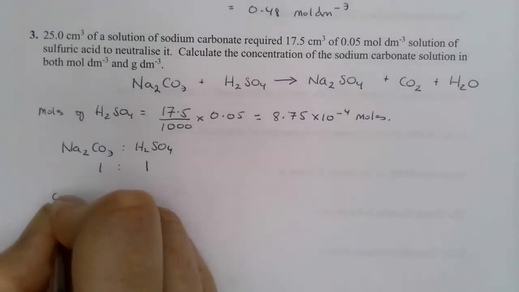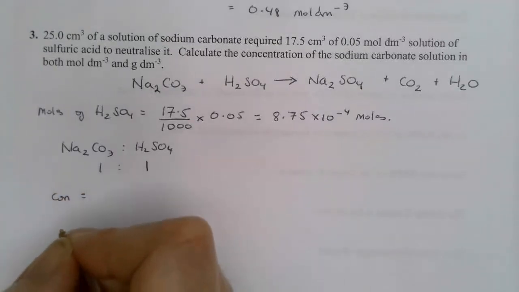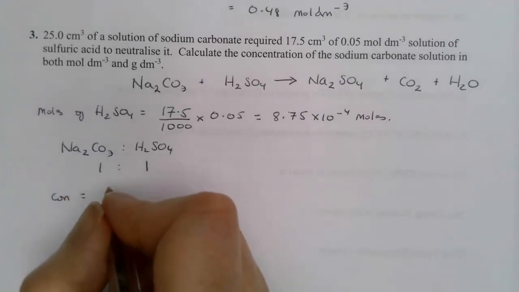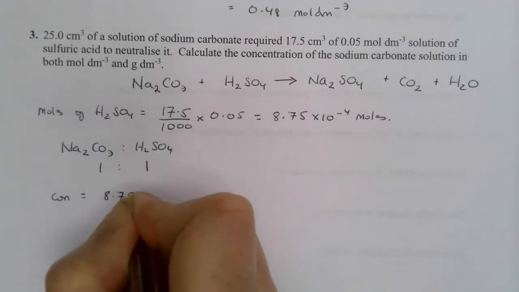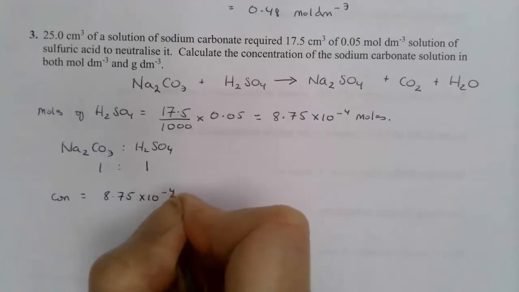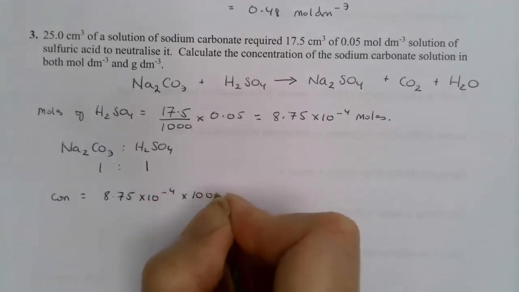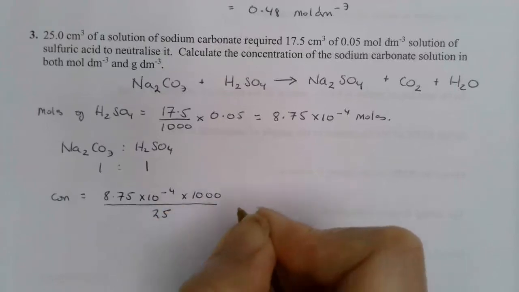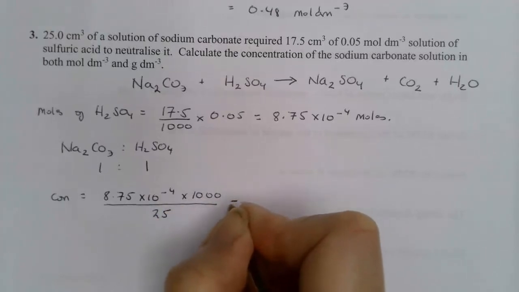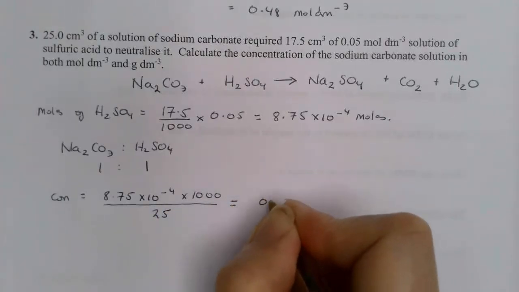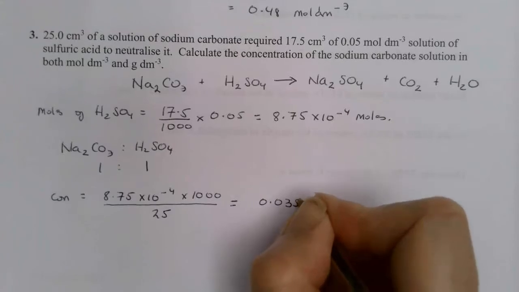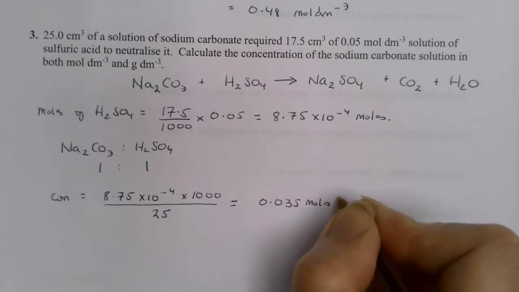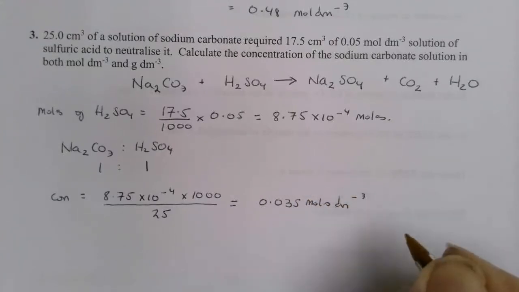So working out the concentration in moles per decimeter cubed, it's going to be moles, 8.75 times 10 to the minus 4, times by 1,000, divided by the volume, which in this case is 25, and that gives me a value of 0.035 moles dm to the minus 3.